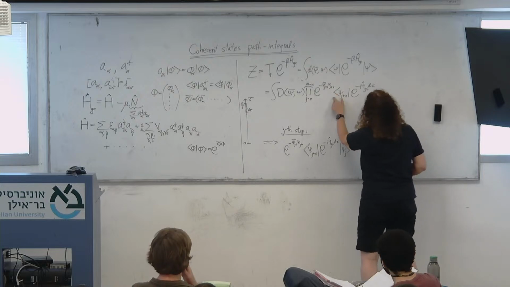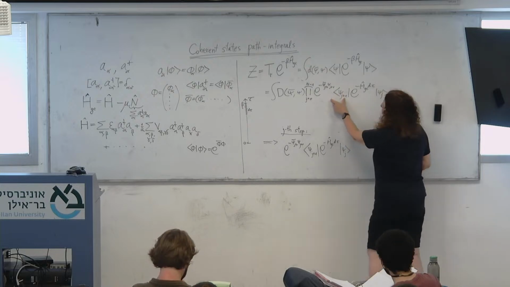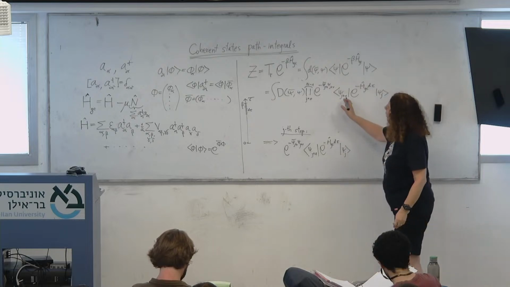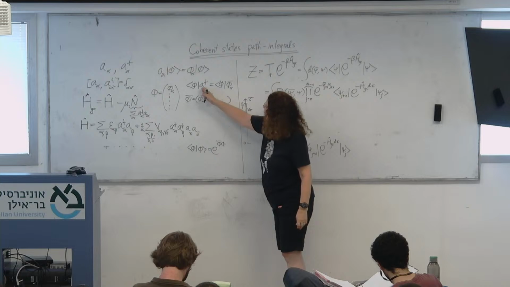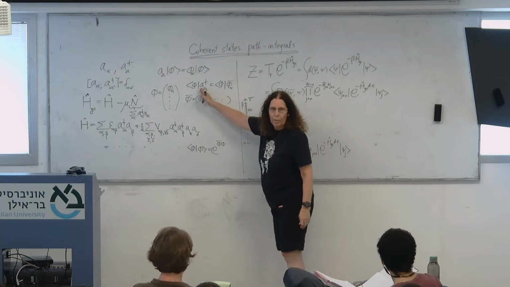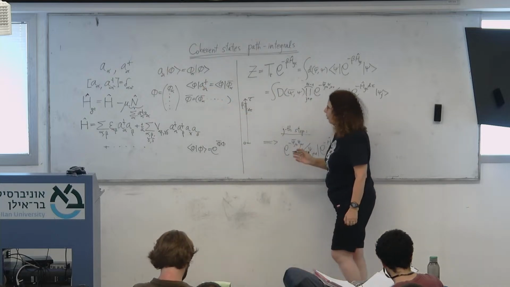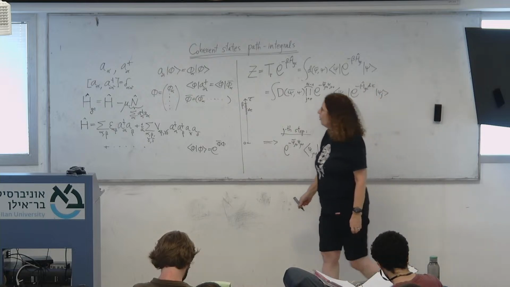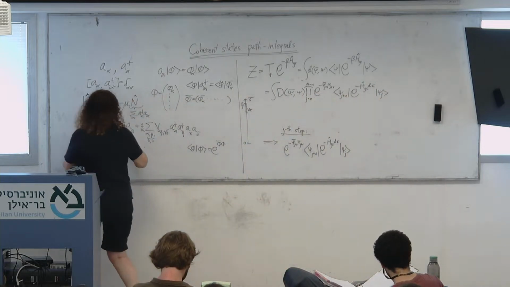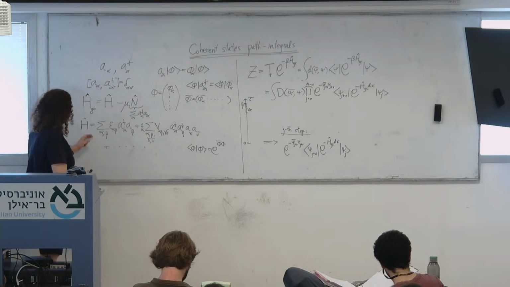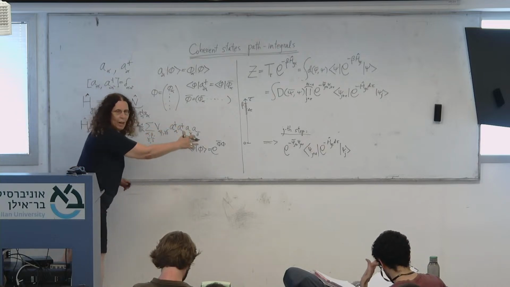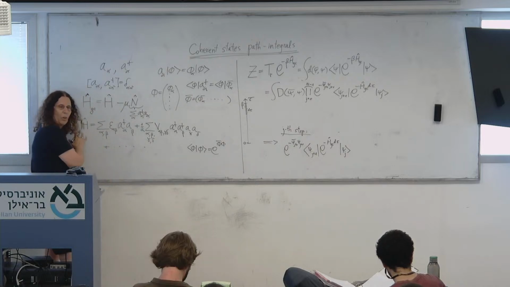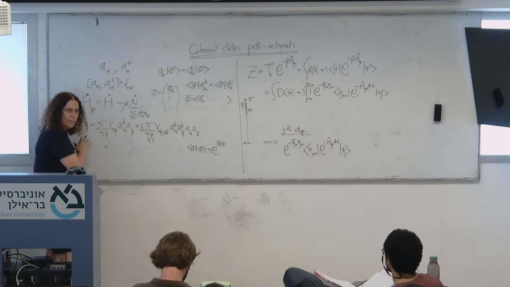And similarly, these coherent states are eigenstates of the creation operator. And now here is the crucial thing, because we wrote the Hamiltonian and everything in the exponent in normal order, all the annihilations are on the right and the creations are on the left, right?